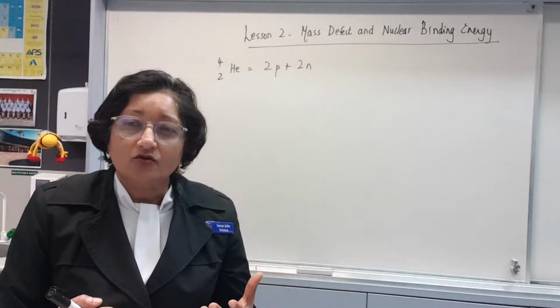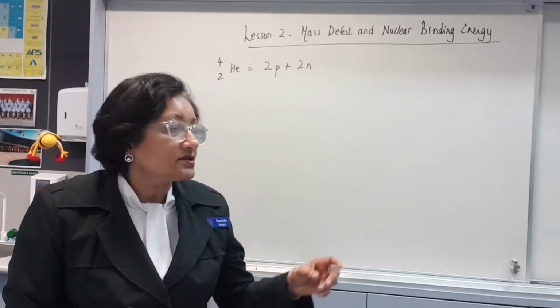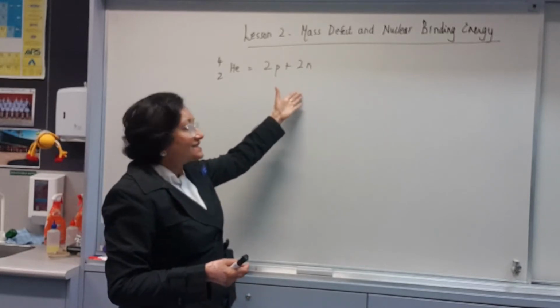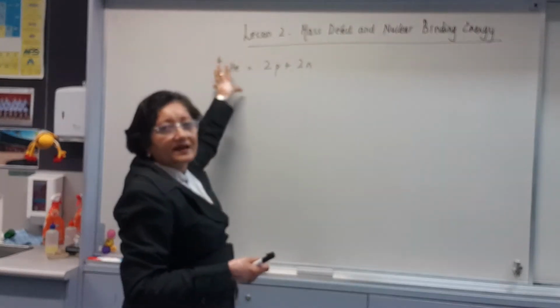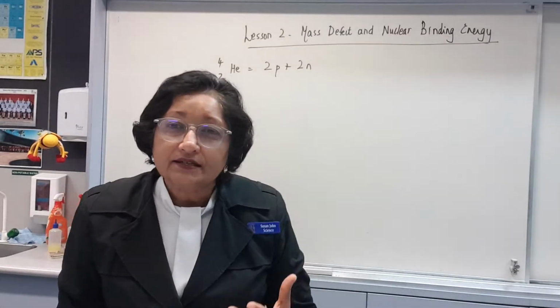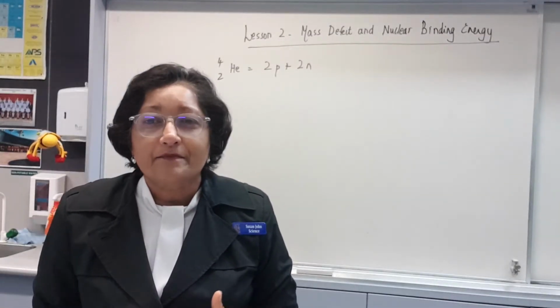But it is found that they were not the same. They found that the sum of the masses of the 2 protons and 2 neutrons is slightly higher than the mass of the helium nucleus itself. Now this difference is what's called mass defect.